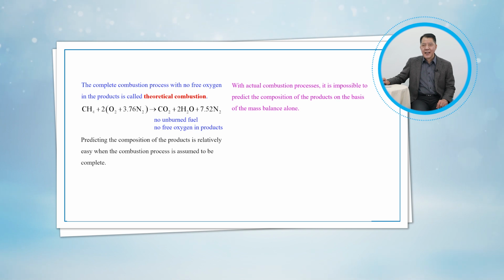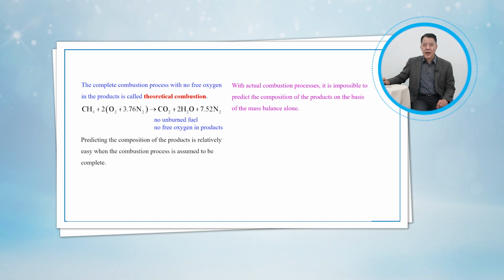Things are not so simple, however, when one is dealing with actual combustion processes. For one thing, actual combustion processes are hardly ever complete, even in the presence of excess air.